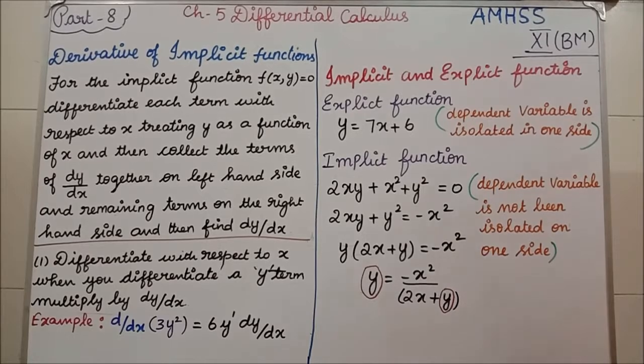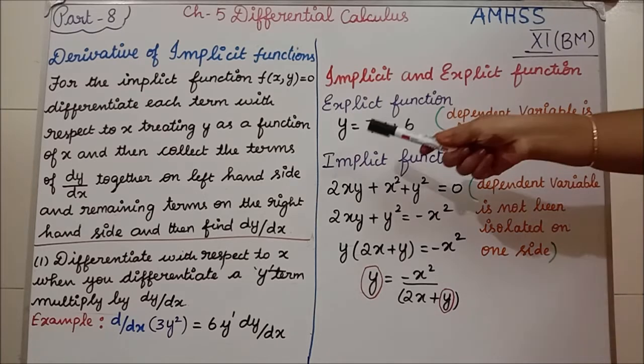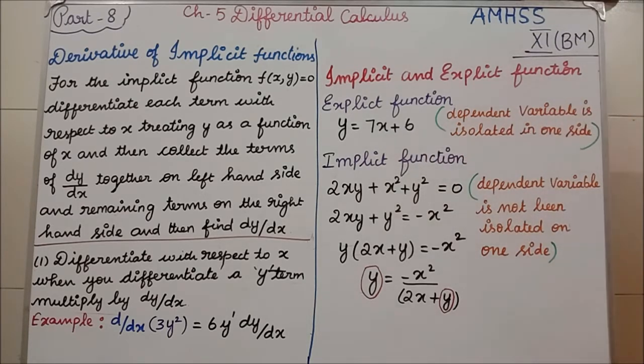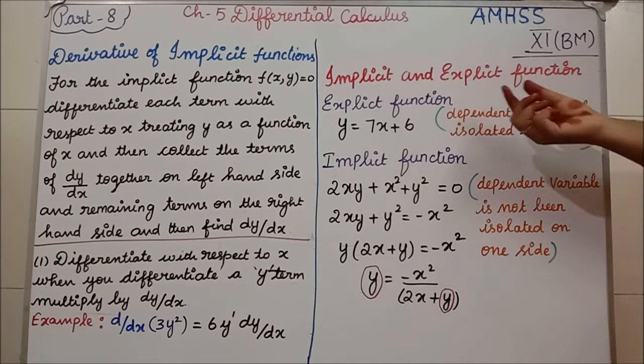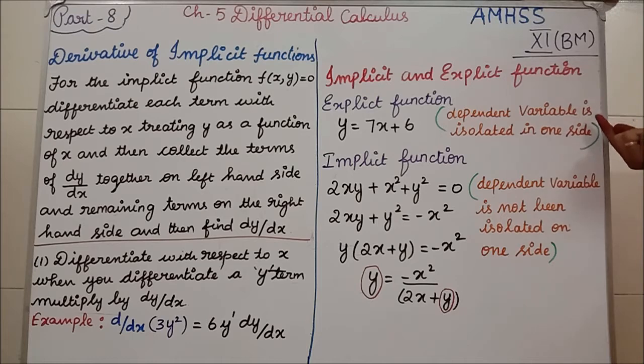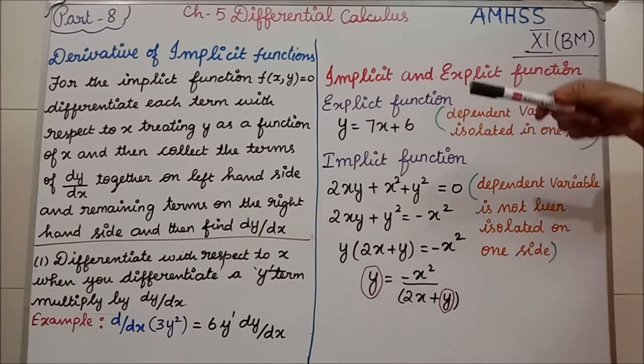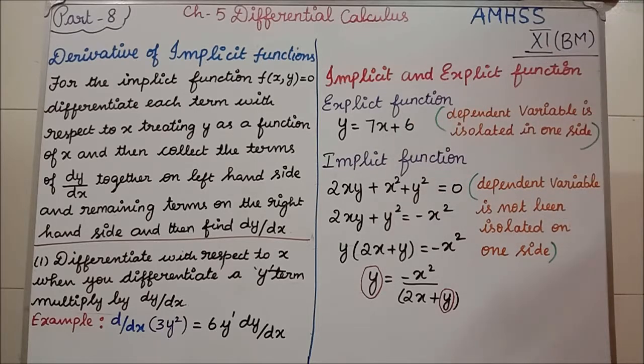Students, see these implicit and explicit functions. See the question first: y equal to 7x plus 6. Explicit function means the dependent variable is isolated on one side. For example, if you give any value for x, such as 1, 2, 3, 4, 5, which value will change?